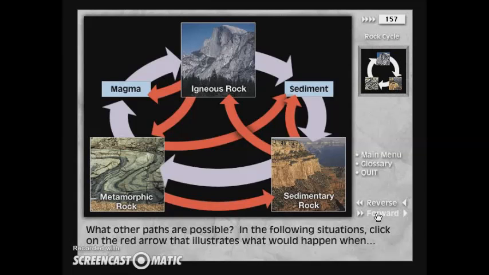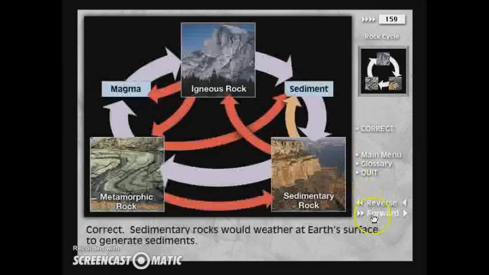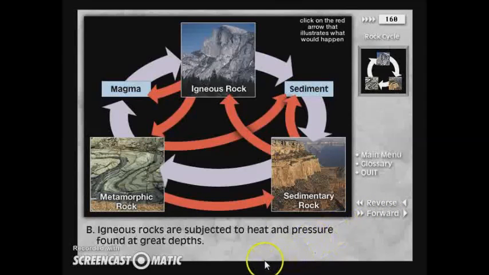A. Sedimentary rocks are exposed at the surface. Correct. Sedimentary rocks would weather at Earth's surface to generate sediments. B. Igneous rocks are subjected to heat and pressure found at great depths.